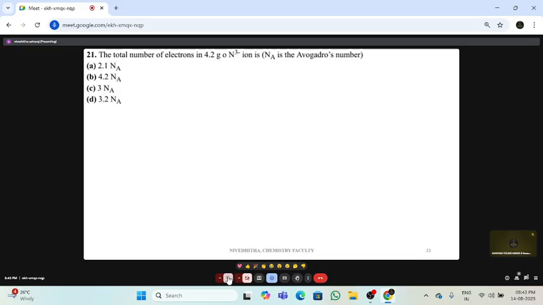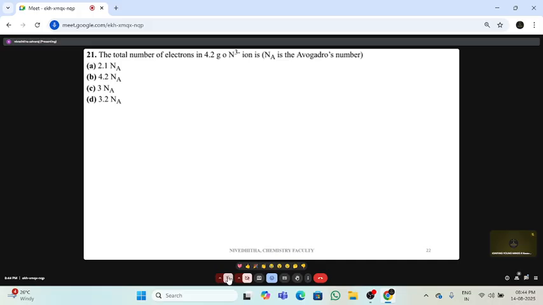Here they are asking us to calculate the number of electrons. We have solved this kind of problem, but there the substance was a number of molecules. The question was to calculate the number of electrons in a given quantity of molecule, but here it is the number of electrons present in ions.